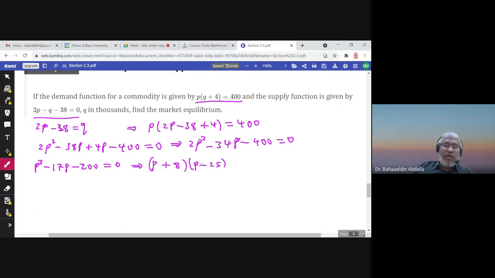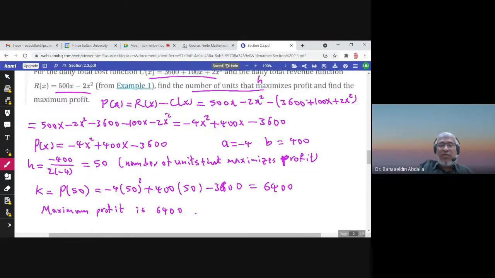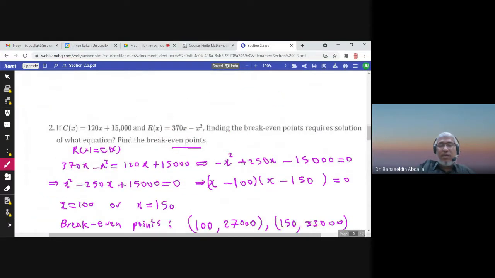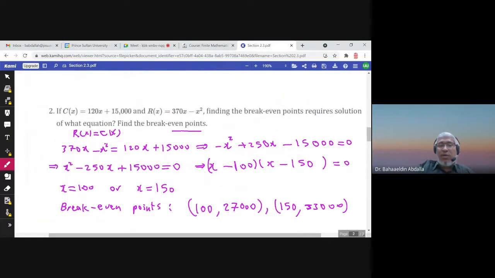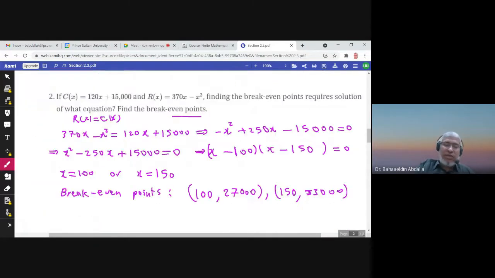Now, if you multiply 8 times negative 25, you will get negative 200, and if you add them, you get negative 17. I hope all what we did before is correct. Yes, it is.